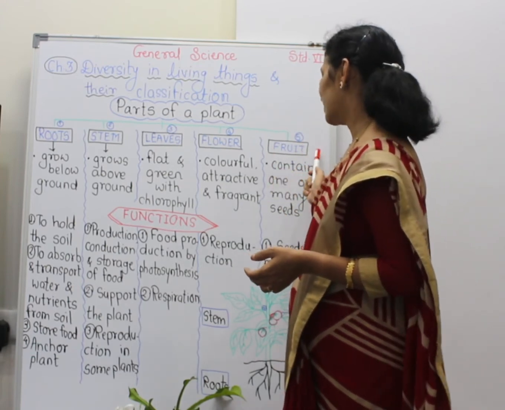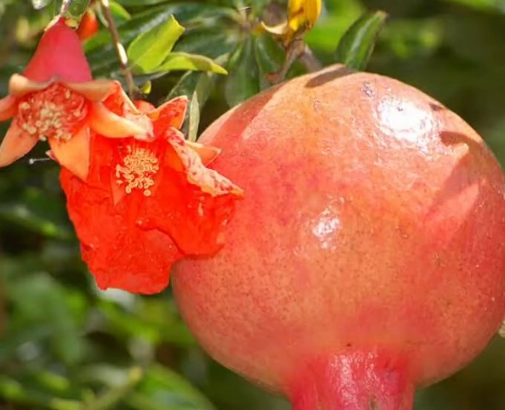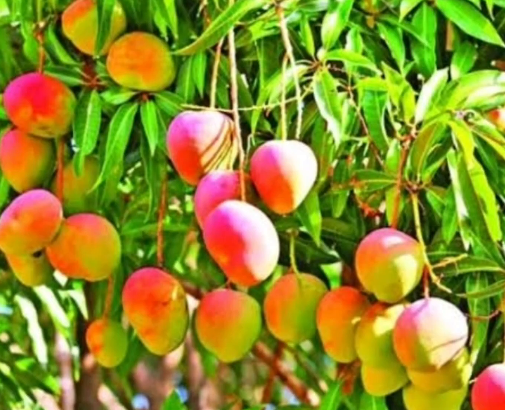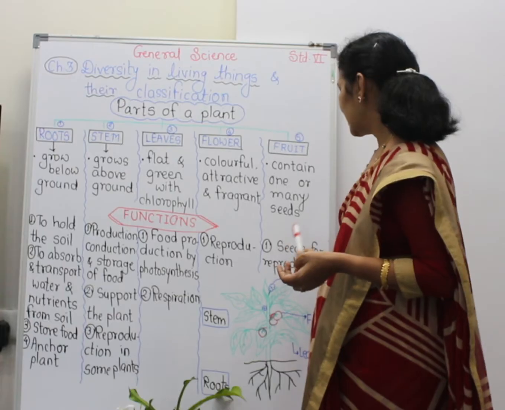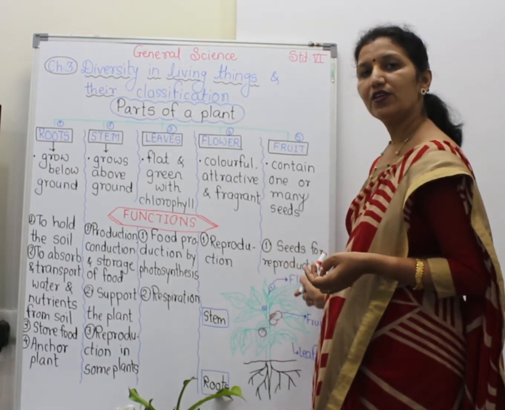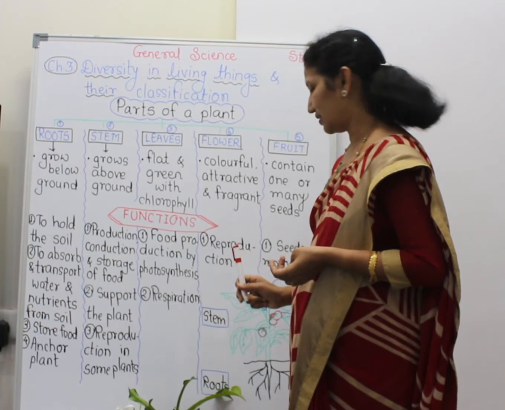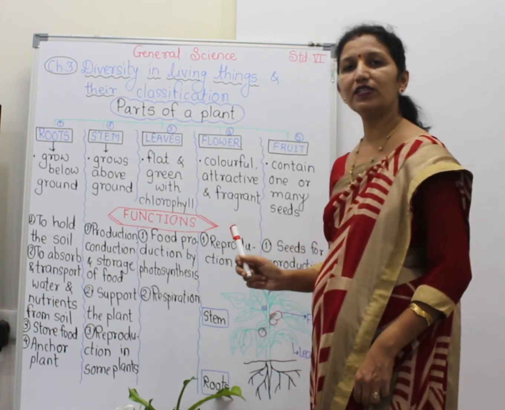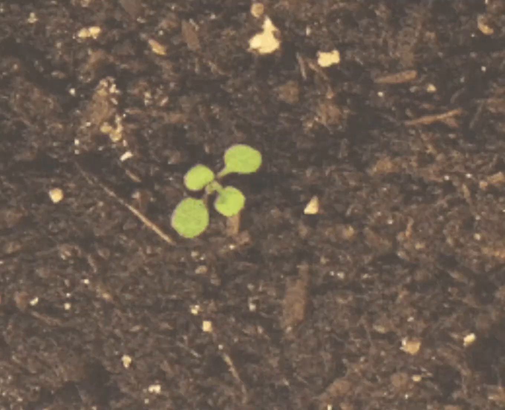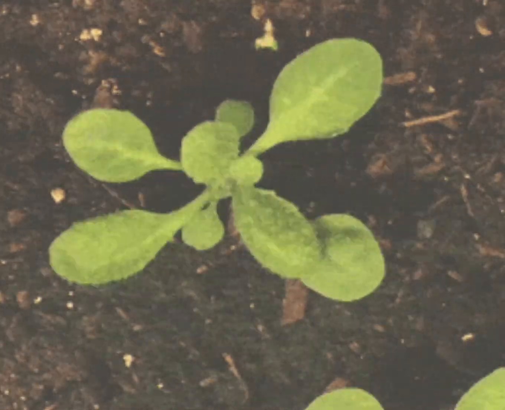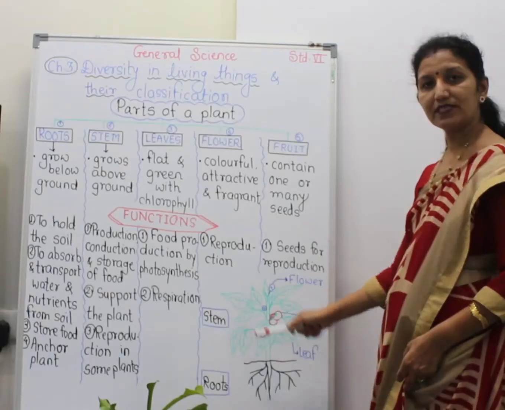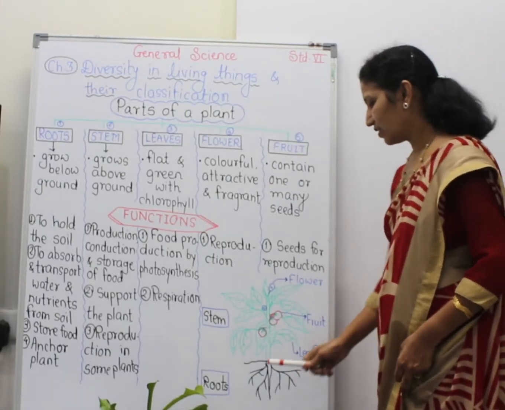Then fruit. Flower is transformed into fruit, and there are different shapes of fruit, and these fruits contain one or many seeds among them, and these seeds help to reproduce the plant. When the seeds are sown, there is reproduction. Now, you can see the diagrammatic representation here also.